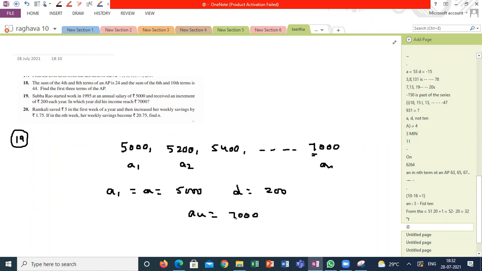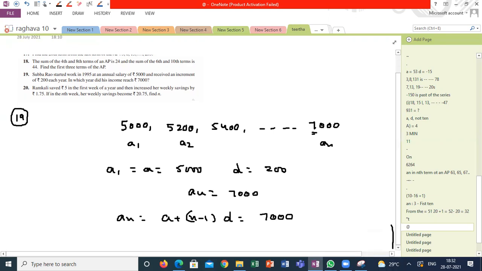How many years will it take to reach 7,000 rupees? Please, guys. Sir, 11 years. It's very simple. AN is equal to A plus N minus 1 into D. That will be equal to 7,000. In the 11th year, you will start with 7,000, correct?